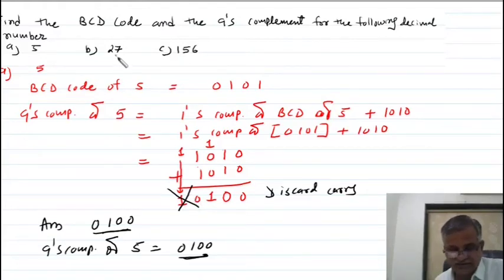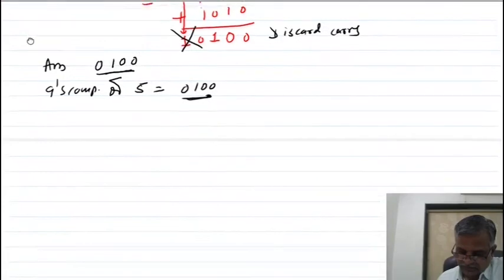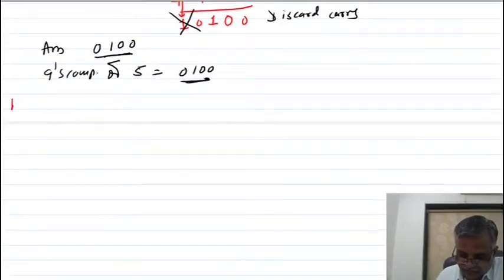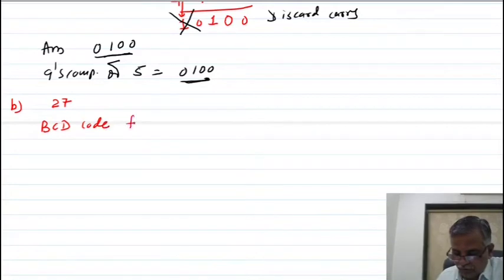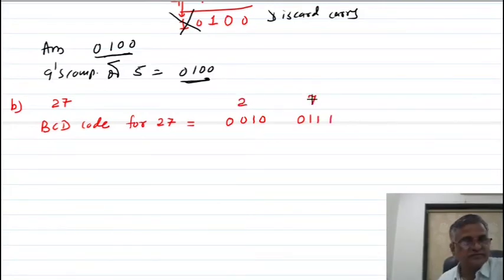Let us see for the 27. So the BCD code for 27. You already know this: 0010 0111. This is for 2. This is for 7.